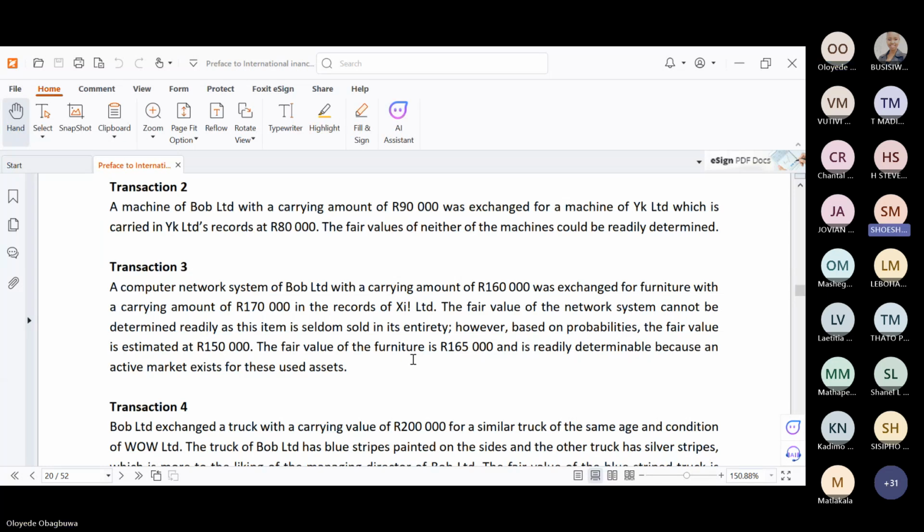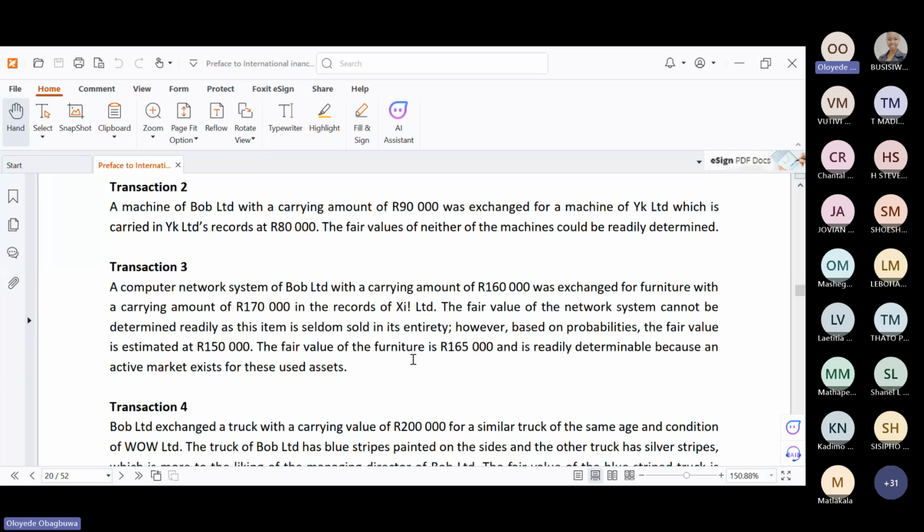So, what is the value that Bob is going to record the furniture in his book? I'm going to try. I think it's 160,000, the carrying amount, because it's not established. It's only an estimated price, the 150.